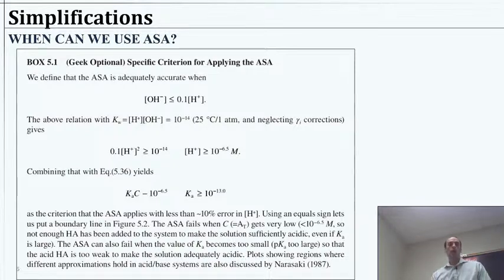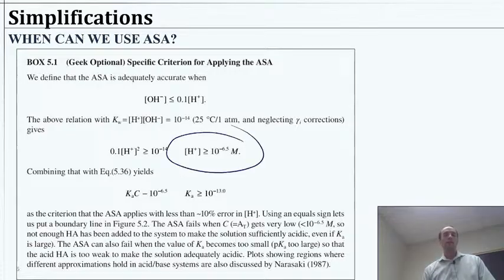And so that's why we would say as long as our H+ concentration is greater than 10 to the minus 6.5, or our pH is less than 6.5, because it's at 6.5 where we've reached 1 pH unit of separation. 7.5 minus 6.5 is 1. So all that to say, that's when we can use our acidic solution approximation, and we're good to go. Feel free to come back and read the more details there later, but it's approximately that.